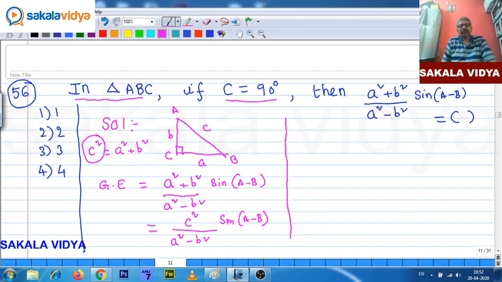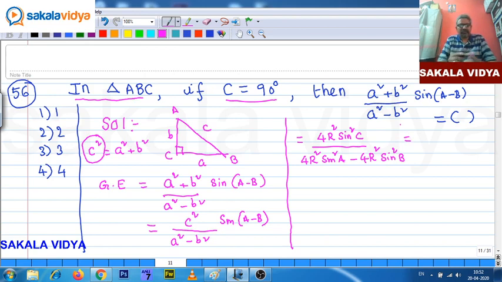Okay. So now for small a, small b, small c, apply the sine rule. If you apply c is equal to 2R sine C, that will be 4R square sine square C. Am I correct? Upon this, a square is 4R square sine square A, minus b square is 4R square sine square B. If I write legibly it becomes somewhat slow because this is a digital pen.